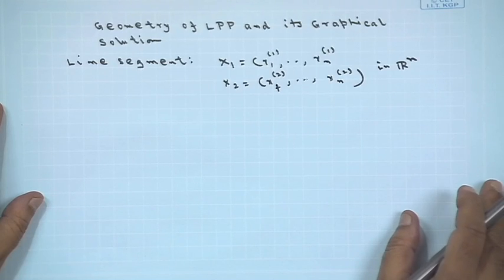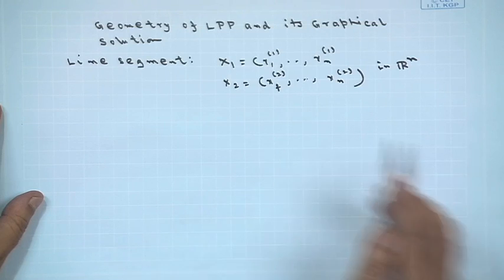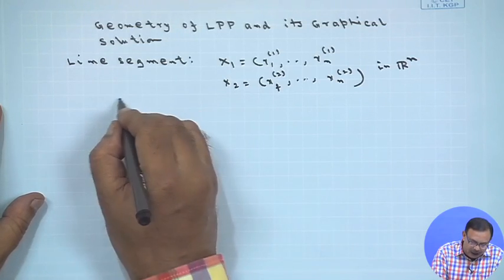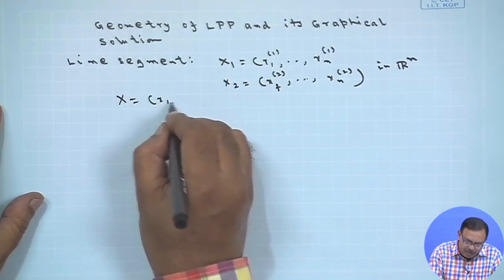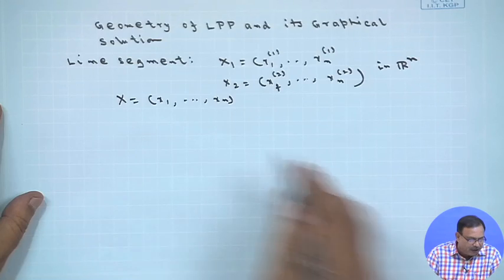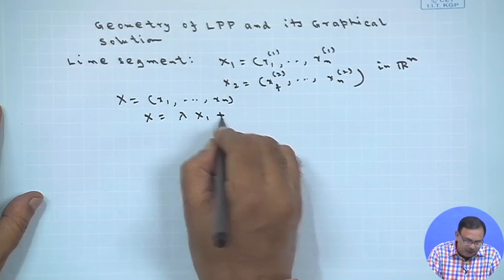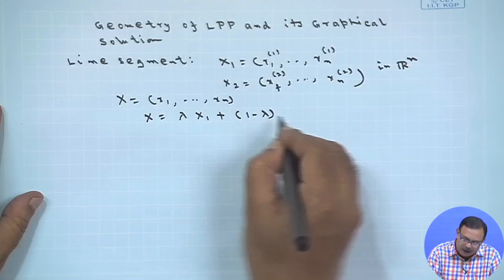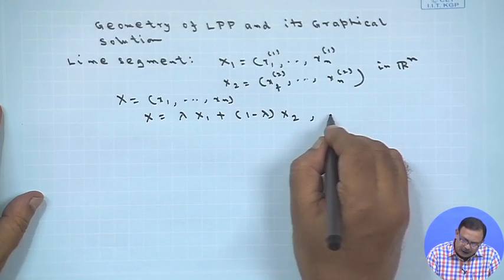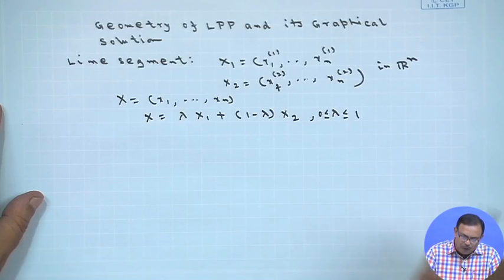Then the line segment joining these 2 points x 1, x 2 is the collection of points x which can be written as x equals lambda x 1 plus (1 minus lambda) x 2, where lambda lies between 0 to 1.